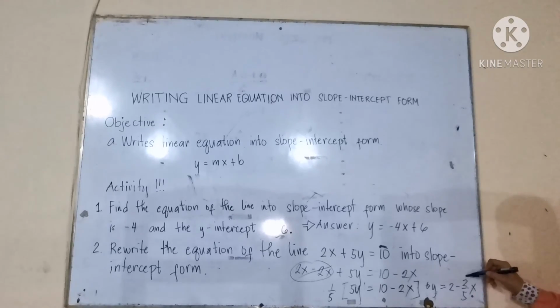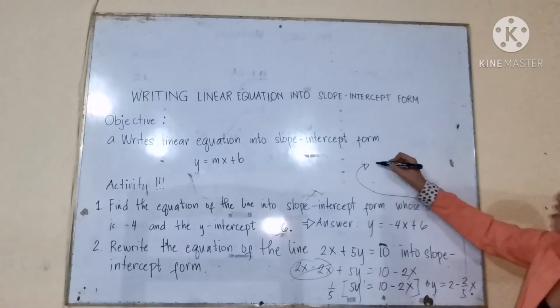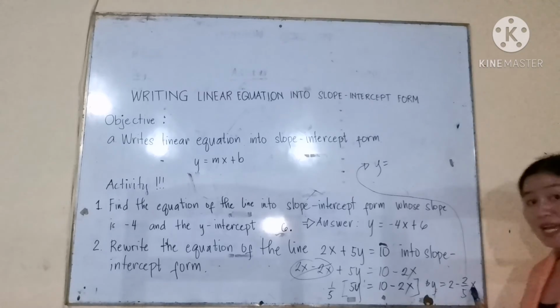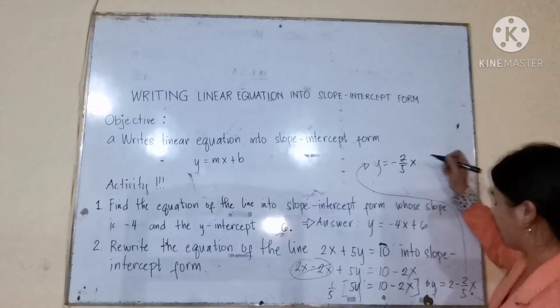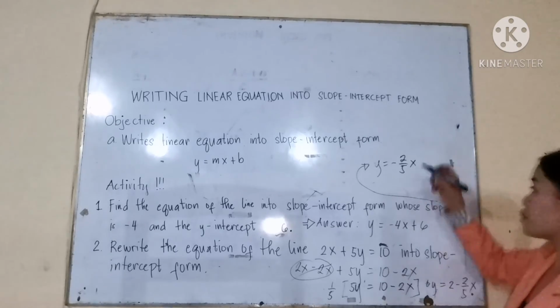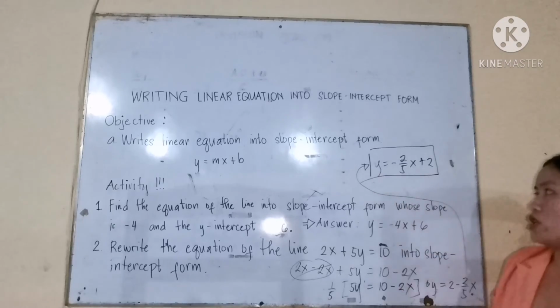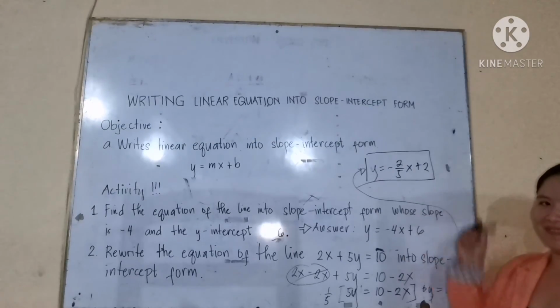So the final answer is y equals negative 2/5 x plus 2. And this is now the equation.